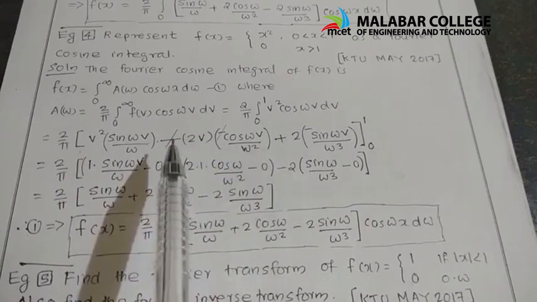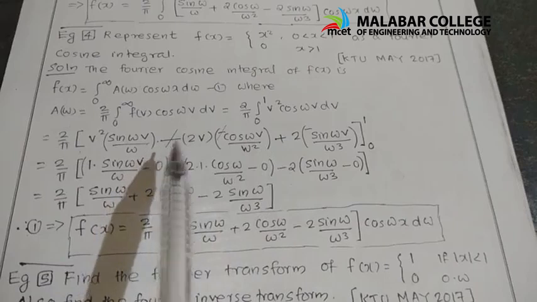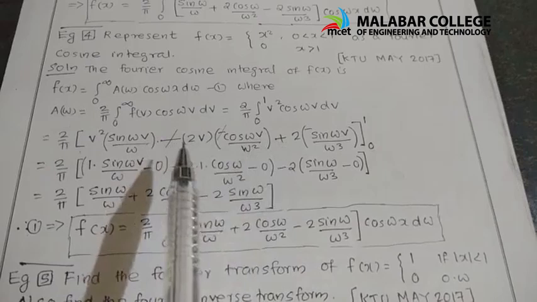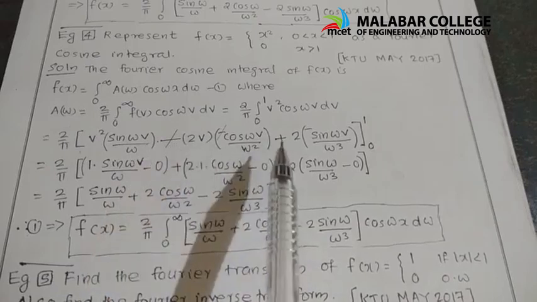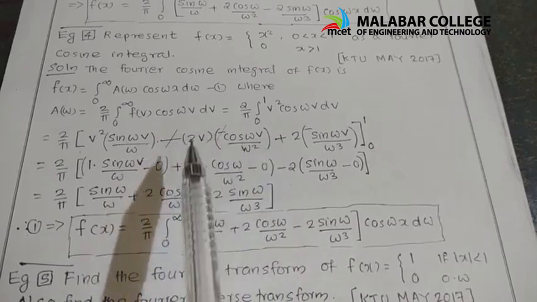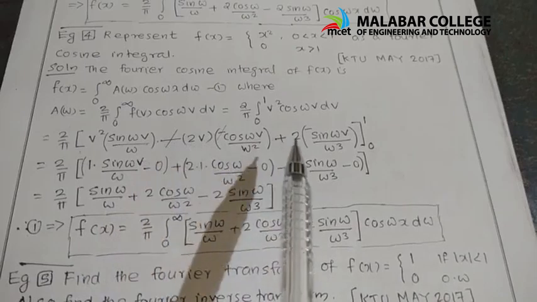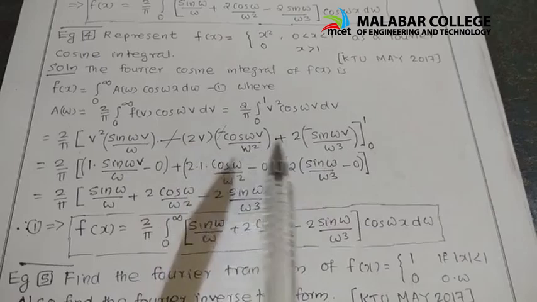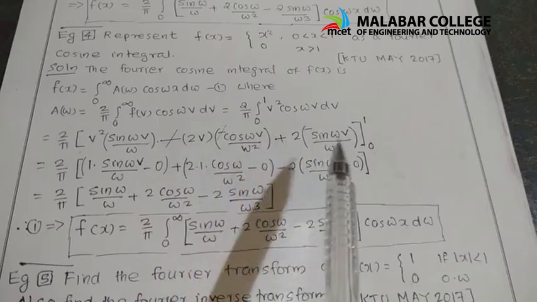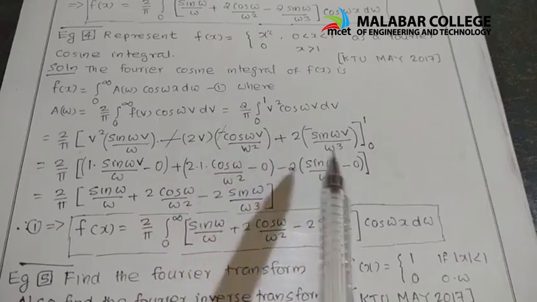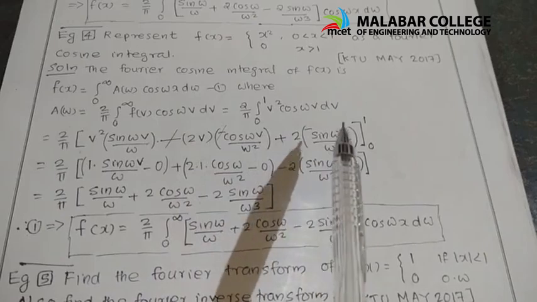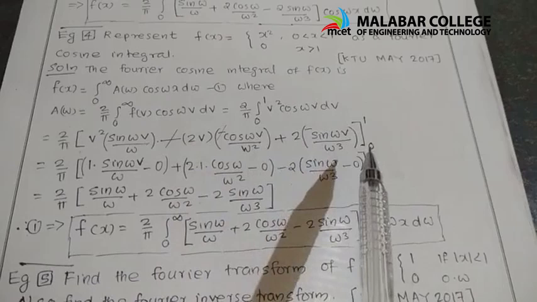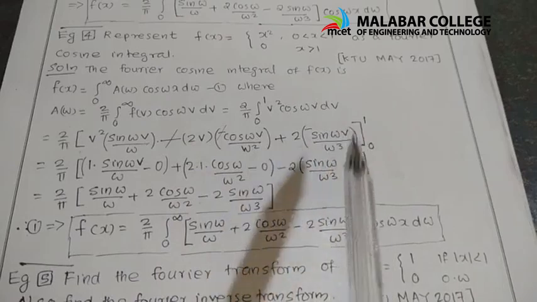And we know the first term is minus, the second term is minus, the third term is plus. Alternate minus plus will come. So this is plus here, and the derivative of 2v is 2, and minus I am writing here, and the integral of cos is sine omega v divided by omega cube while integrating. Then closing the bracket, and the limit is from 0 to 1.